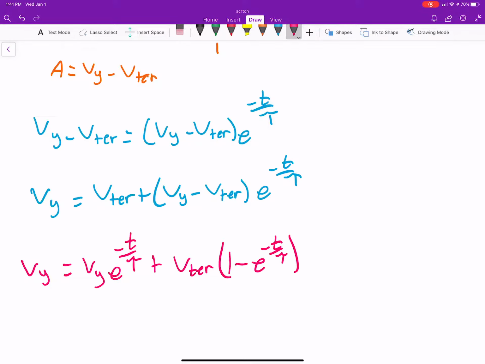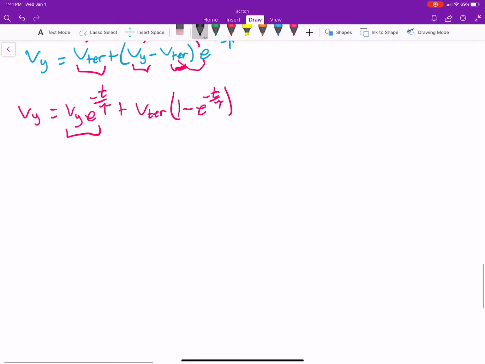Maybe I did that a little quick. What I did was I just distributed, right? And this term is right here. And then I looked at these two terms, and I just factored out the V terminal, and I'm left with 1 from here times our e from over here. So hopefully I didn't go too fast there, but that's all that was done.